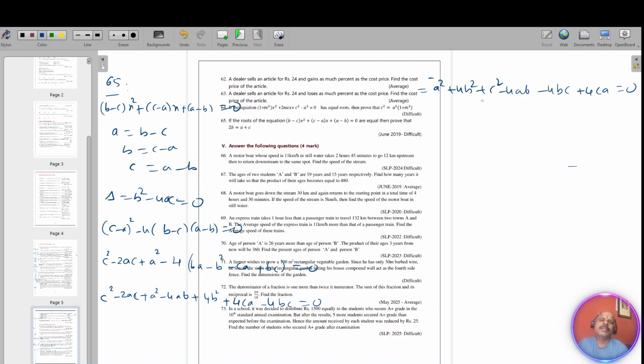If you observe this, it's in the form of a plus b whole square form. I will arrange, just check out. a square plus 2b whole square. Since we have minus here, for b you have to put minus, so that square will not affect that.